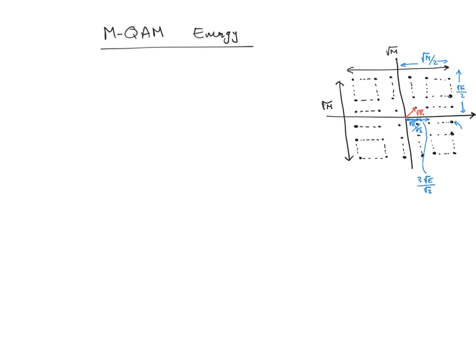So again, only the x direction, this distance is going to be 2 root M minus 1, multiplied by root E divided by root 2, right?